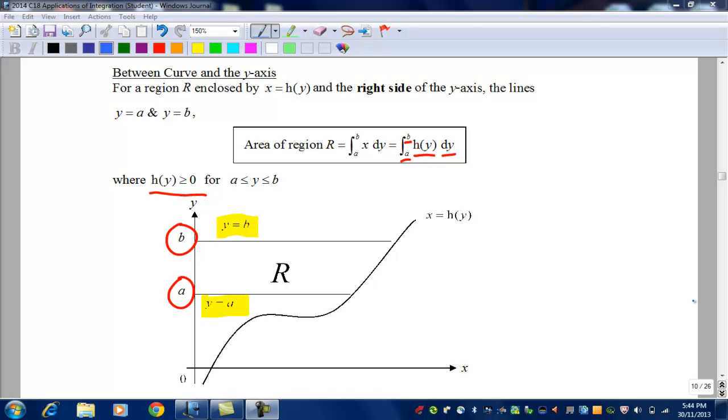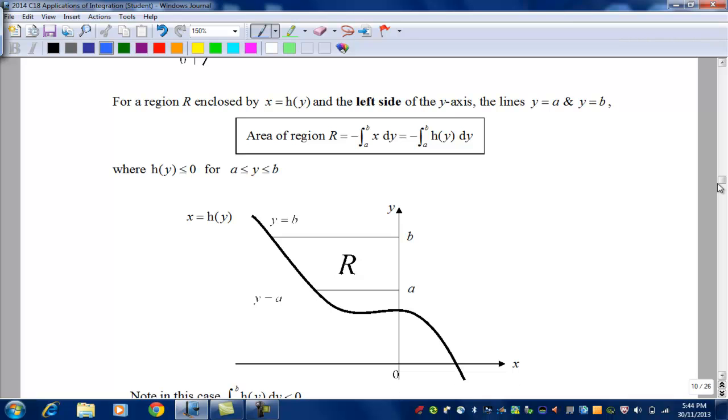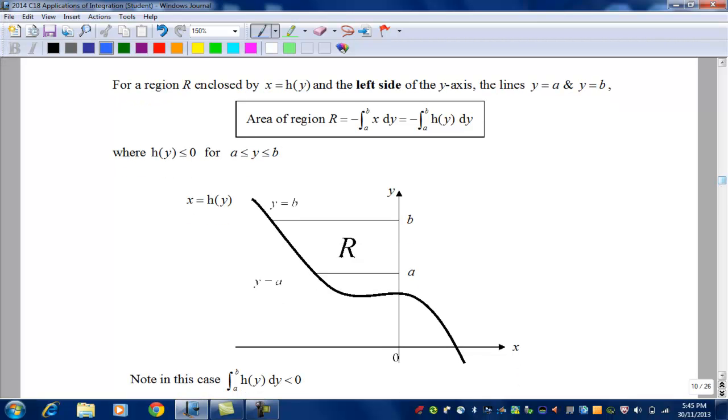Alright, in the earlier video that you have watched, we discussed how to find the area of region R enclosed by x equals h of y and the right side of the y-axis, the lines y equals a and y equals b. Now we move on to the case when we have the region R enclosed by x equals h of y and the left side of the y-axis, the lines y equals a and y equals b.